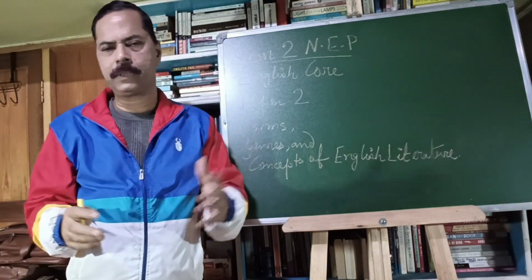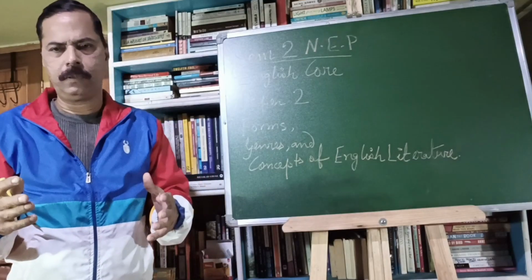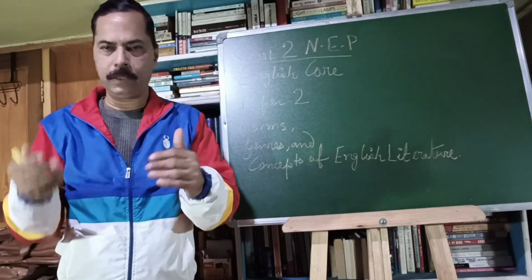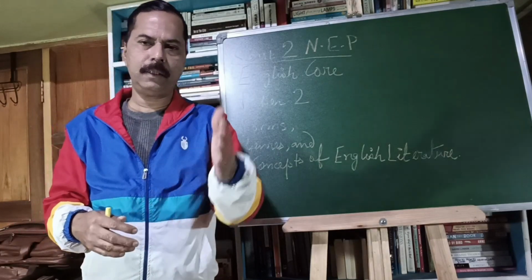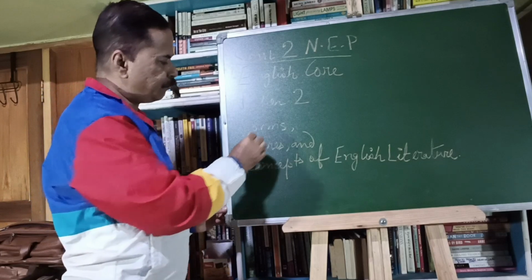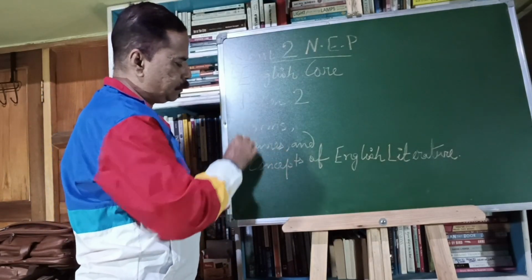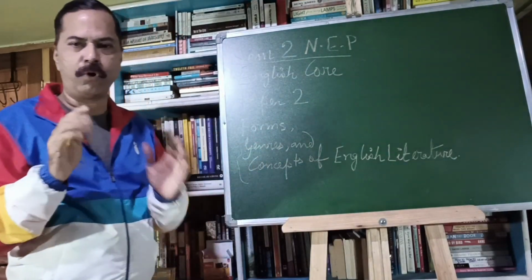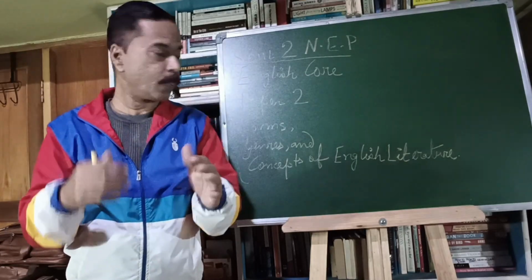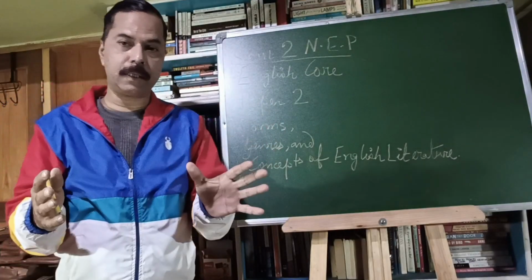In your first semester, we did that paper, English Core Paper 1, which was English Literary and Social History. This time in your second semester, your paper is titled Forms, Genres and Concepts of English Literature. That is the paper. So this is an introductory class.